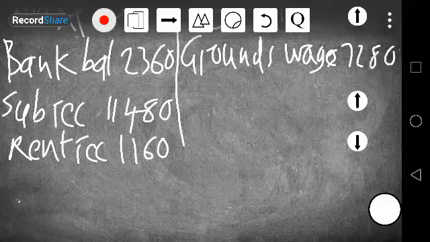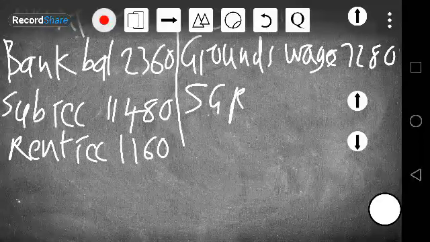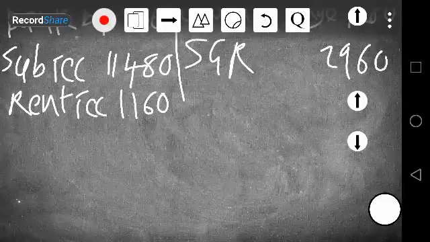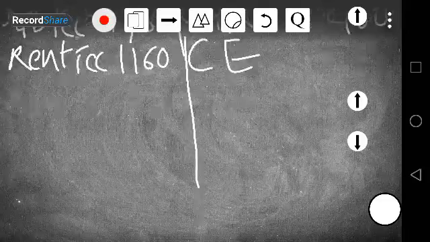We have things like sports ground rental, that's 2,960. We have things like committee expenses. Committee expenses, they're about 580.